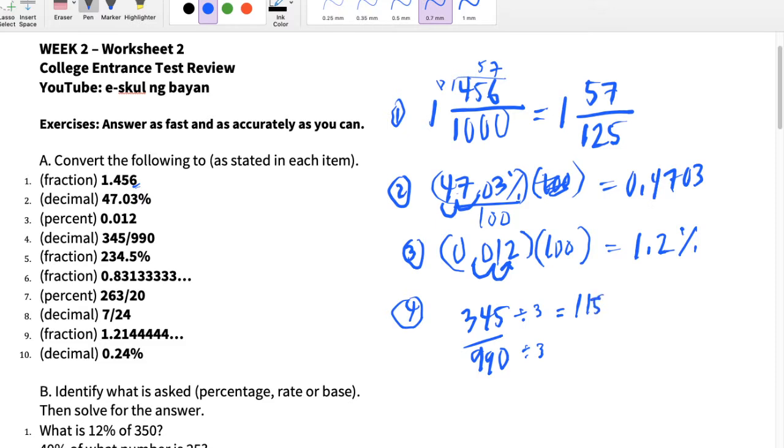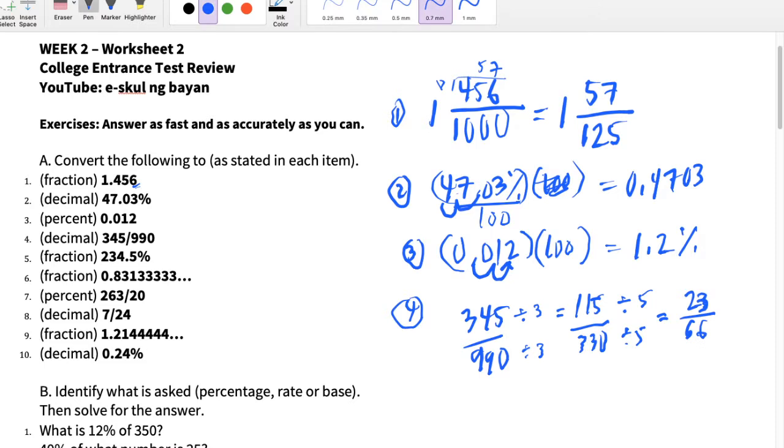Ay, hindi pala siya divisible by 15. 115, it is 990 divided by 3, that would be 330. Okay, etong dalawa, divisible by 5 pareho. So, divide natin by 5. That's equal to 23 over 66, correct? Okay, so 23 divided by 66.